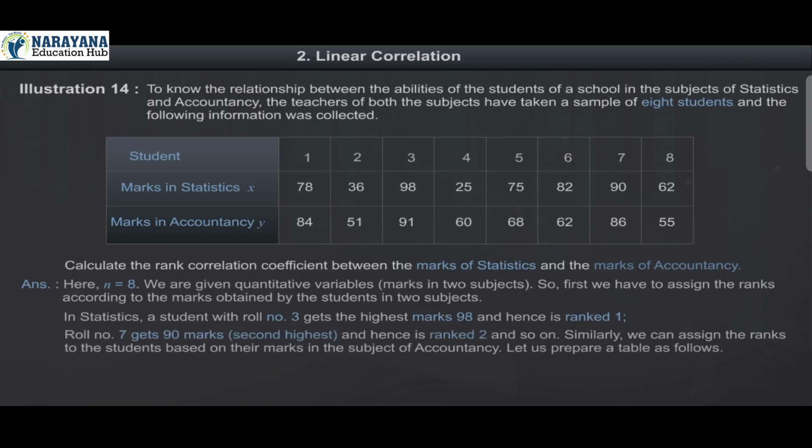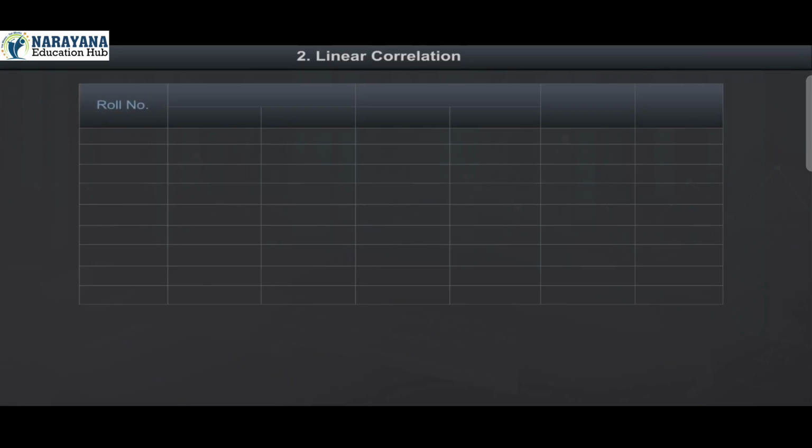Roll number 7 gets 90 marks, that is second highest, and hence is ranked 2, and so on. Similarly, we can assign the ranks to the students based on their marks in the subject of accountancy. Let us prepare a table as follows. Roll number, statistics marks, rank RX, accountancy marks, rank RY. D is equal to RX minus RY.